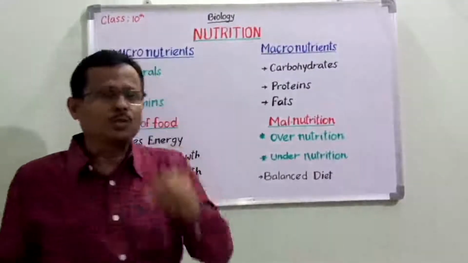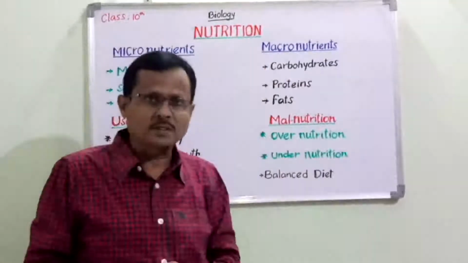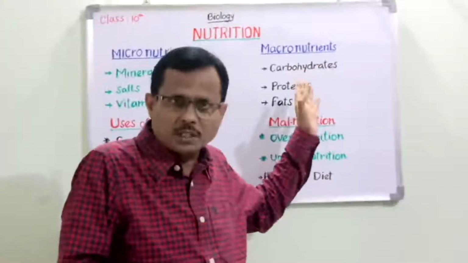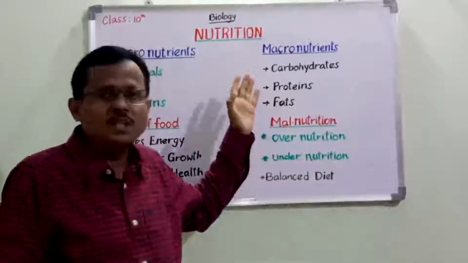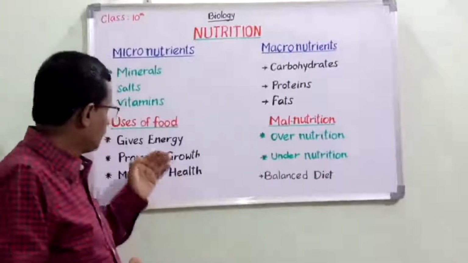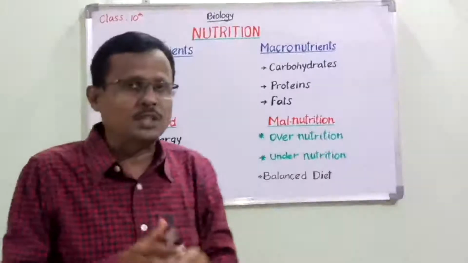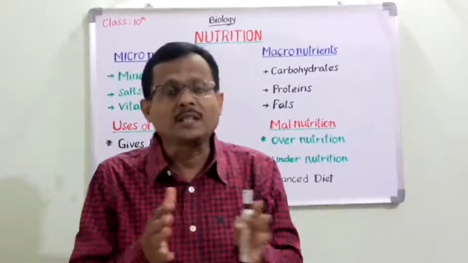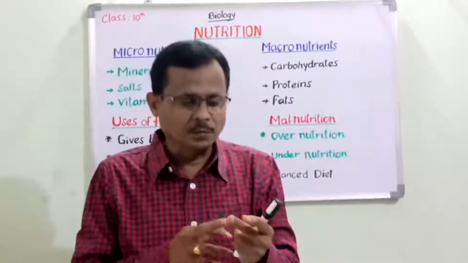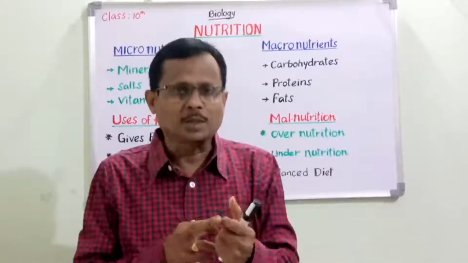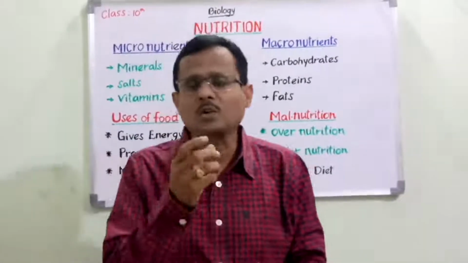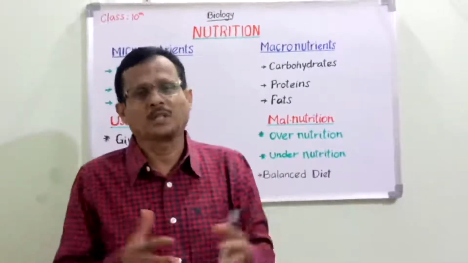Now let me tell you first about the macronutrients. Macronutrients are carbohydrates, proteins and fats. Carbohydrates provide us energy. These carbohydrates are present mostly in the cereals, that means small grains, the rice, the wheat, the jowar, the bajra, etc. Even in some vegetables like potatoes, we have an abundance of carbohydrates.